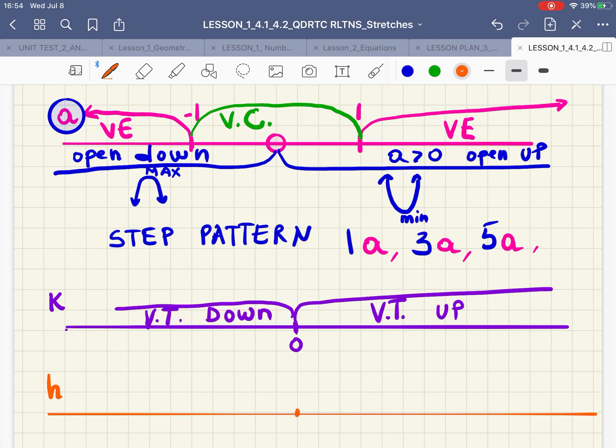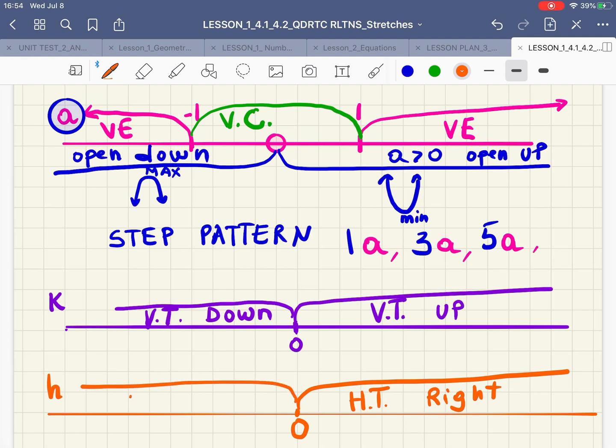If h is 0, there will be no translations. But if h is positive, there will be a horizontal translation to the right. And h negative is horizontal translation to the left.